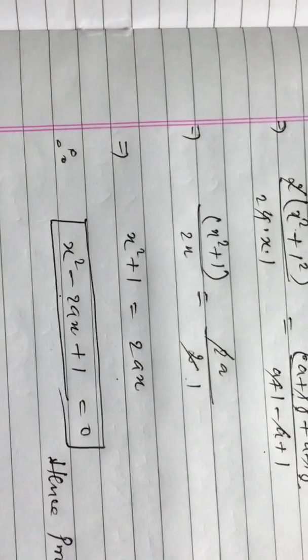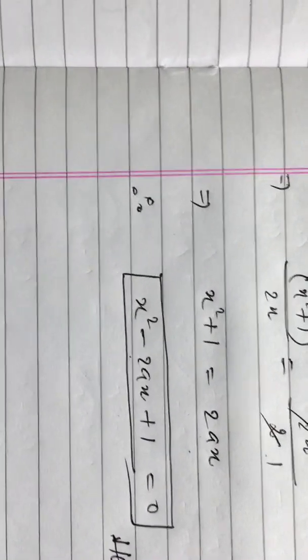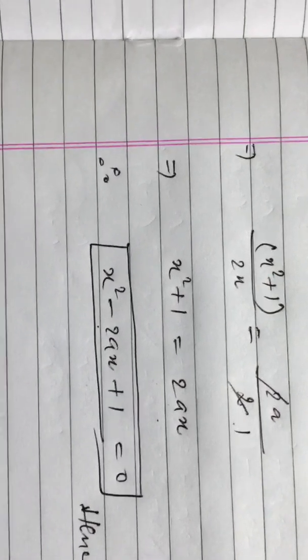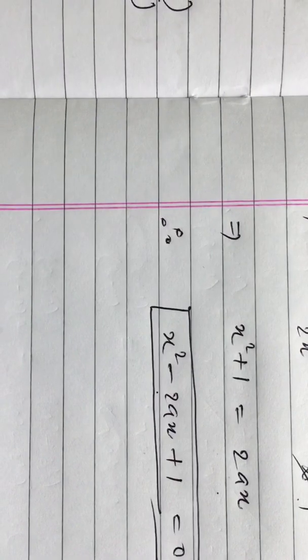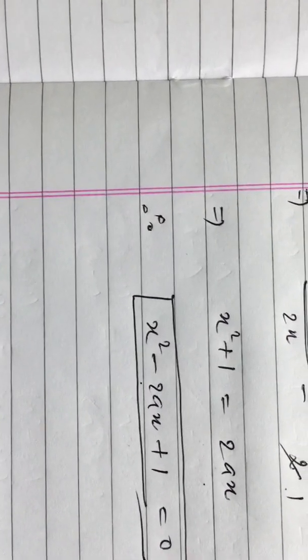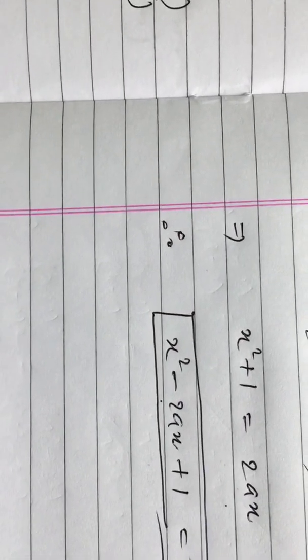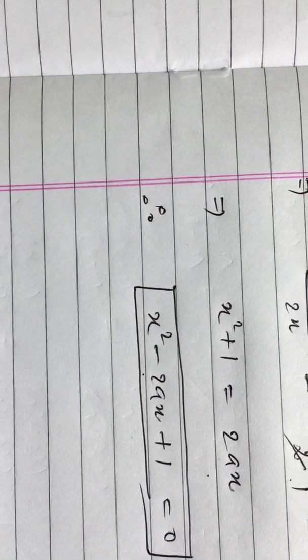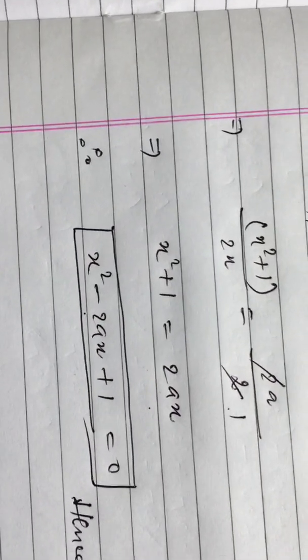So children, you can do this type of more problems given in your last exercise. I think that is in exercise 7, whatever exercise that is. I think in the last exercise you can do, especially the last 10 problems, and all the 10 problems are from the board model.